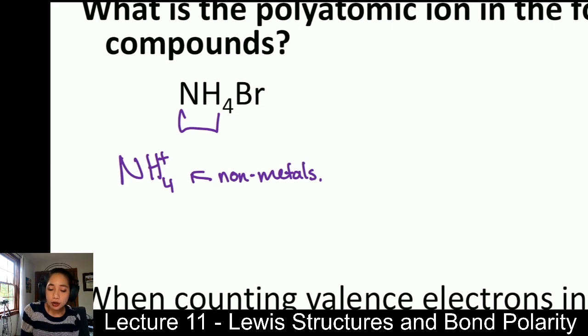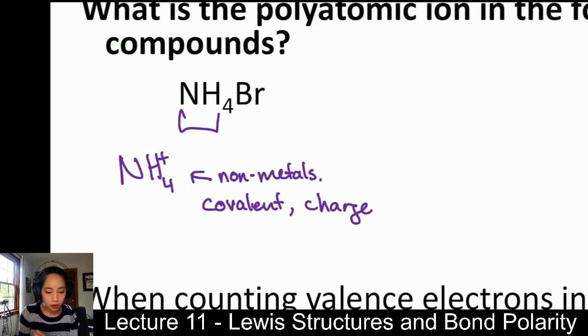And since it's all nonmetals, we can make a Lewis structure like we did with all of our other nonmetal-only covalent compounds. So NH4 in this ionic compound is made up of nonmetals, so it is covalent. It has covalent properties, but it's also charged like in ionic compounds. So this is where polyatomic ions kind of have this dual personality.